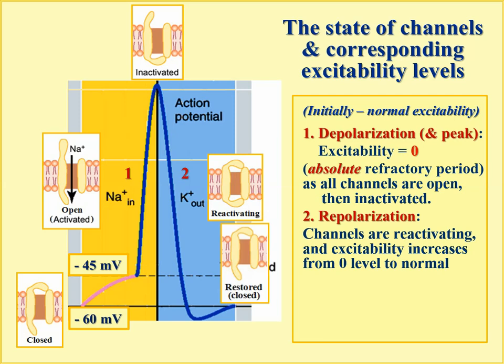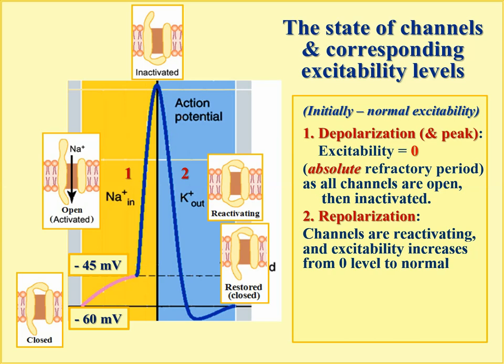When all channels are restored, it corresponds to full restoration, but they do not do it perfectly simultaneously. Therefore, there is a period when, for example, 50% of channels restored, excitability is 50%. 70% restored, excitability is 70%.